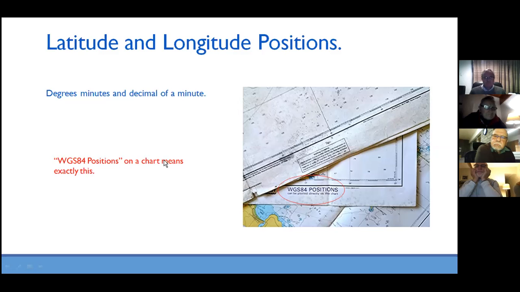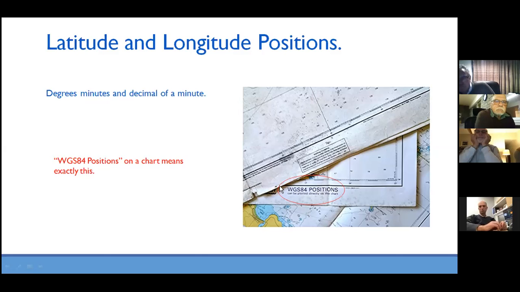It means exactly that: degrees, minutes, and a decimal of a minute. So if you're using a GPS, you must make sure that it's set up for WGS 84, because 90% of GPSs will still do degrees, minutes, and seconds. But that means you're not using a decimal of a minute, you're using seconds of a minute.